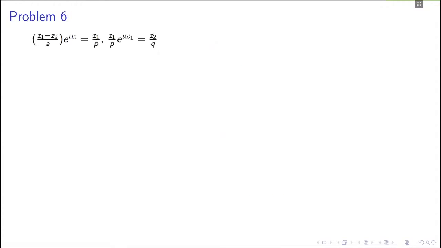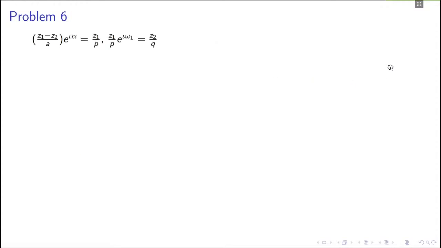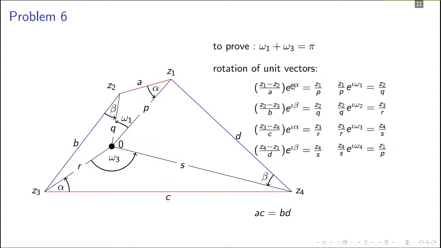Okay. So let's say you start with these two relations, this one and this one. So you start with this rotation and this rotation here.